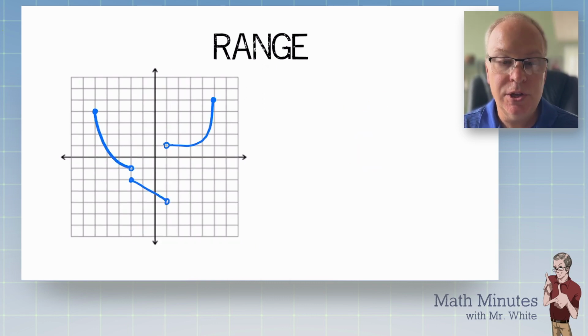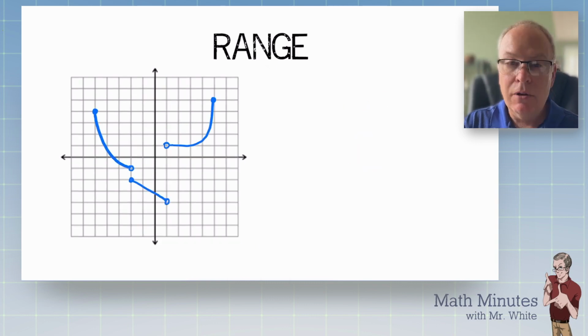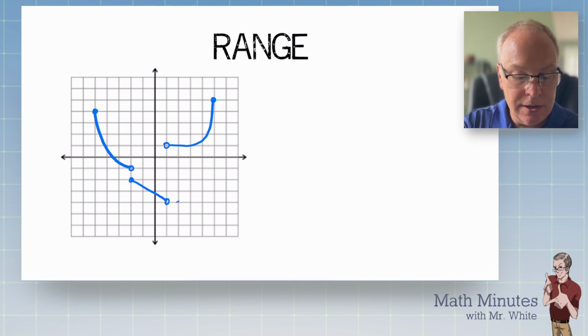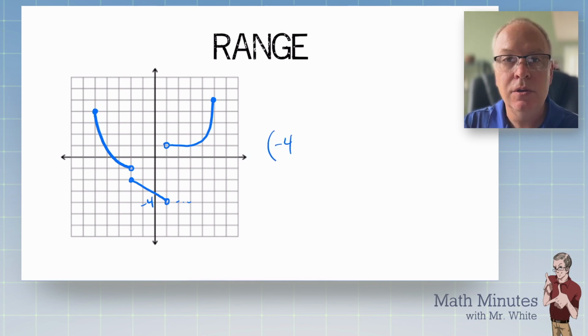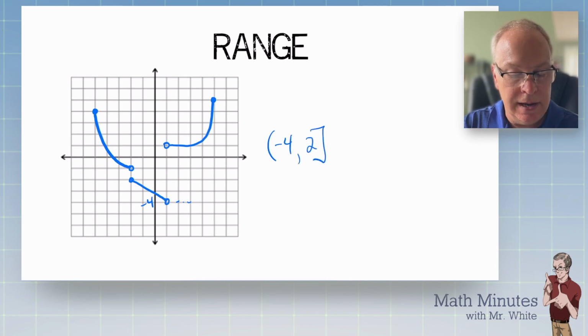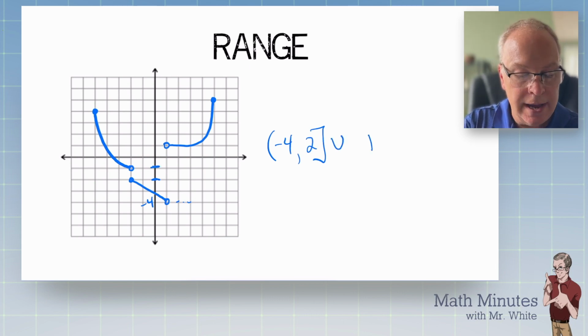What about the range on this one? How low does it go? Remember, range is just how low, how high. It goes as low as -4, but it never actually gets there, so I'm going to use a parenthesis. And then it goes up, up, up, but ooh, look here. It gets to 2. As you're traveling up in this elevator, it gets to 2, but then it skips, and it starts again at y equals 1.